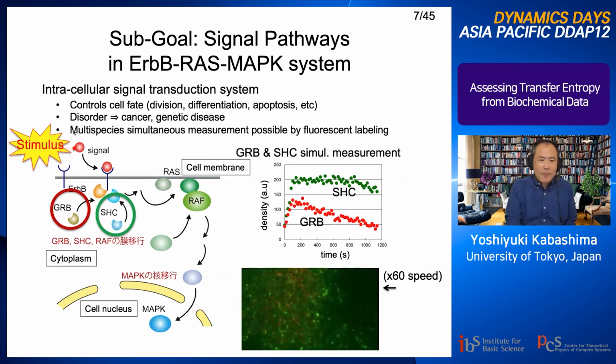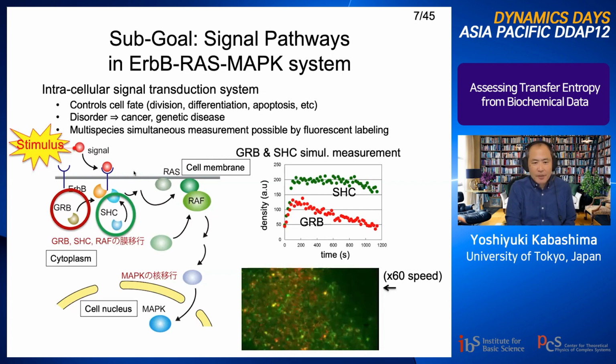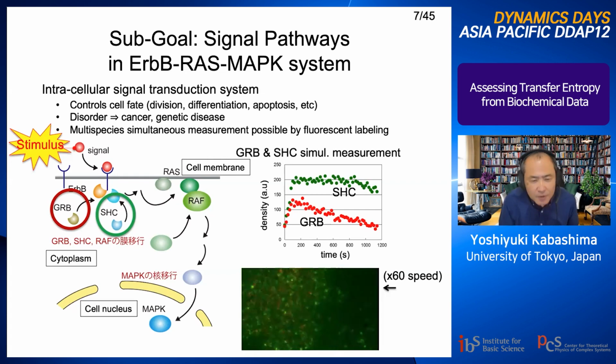And for this system, multi-species simultaneous measurement is possible by fluorescent labeling. So this is a schematic picture of this system. We give some stimulus around here, and then some chemical reactions occur at the cell membrane. This is the GRB protein, and this reacts with SHC proteins, and these reactions constitute a cascade.